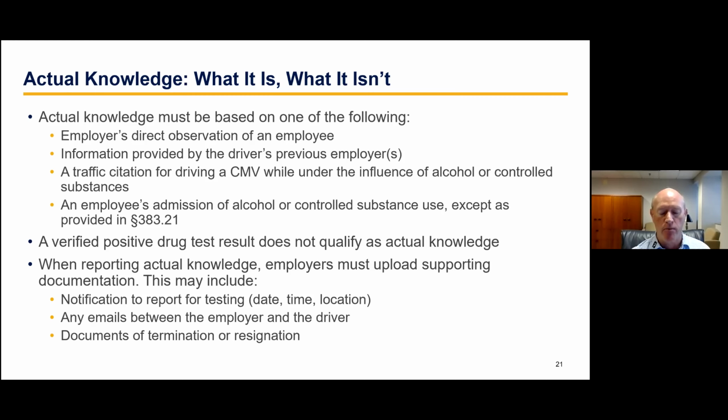And 383.21 basically says that if an employee comes to you as the employer ahead of time and admits that they have an addiction problem, at that point you cannot use them as a driver, but they are protected under the law. So our regulations recognize that.